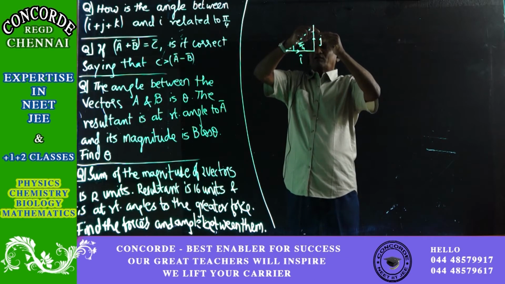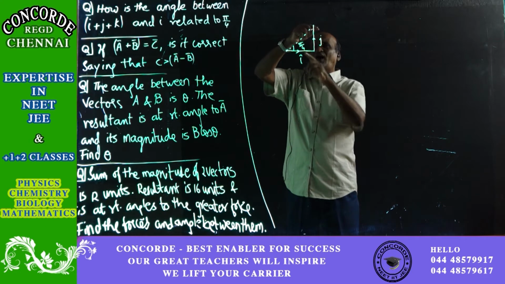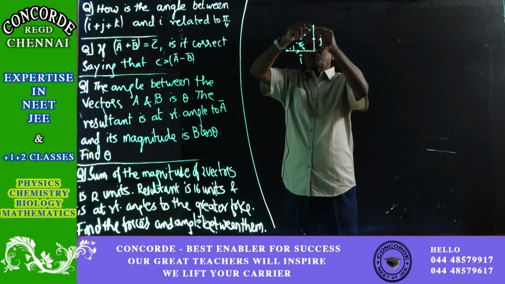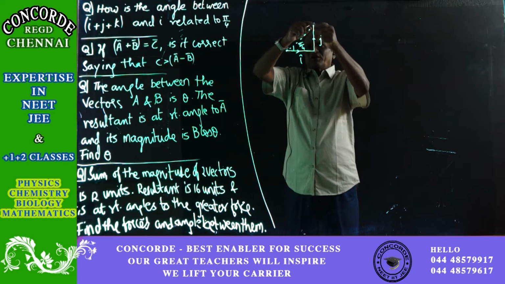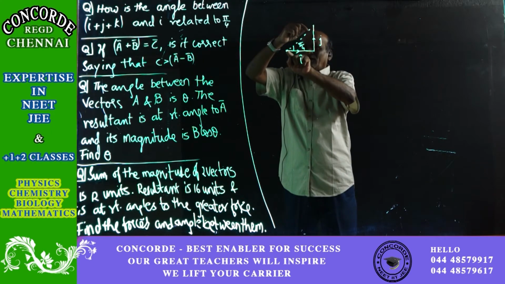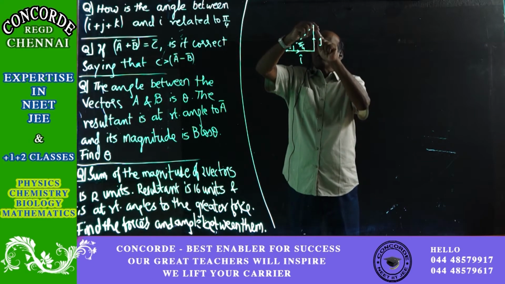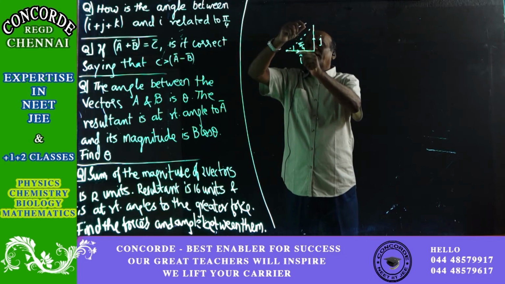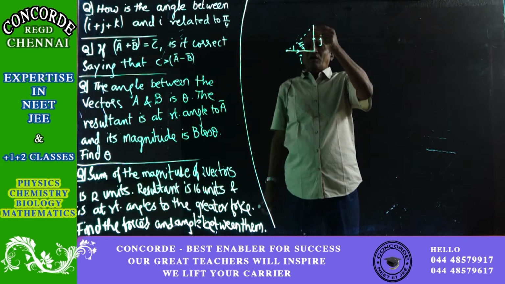So from there, if you see what is the angle between i and this point, you will find that because these two are at 90 degrees, and they are all equal to unit vectors, hence if you join the line to the tail of i, it is going to be 45 degrees here, and then another 45 degrees up to k.